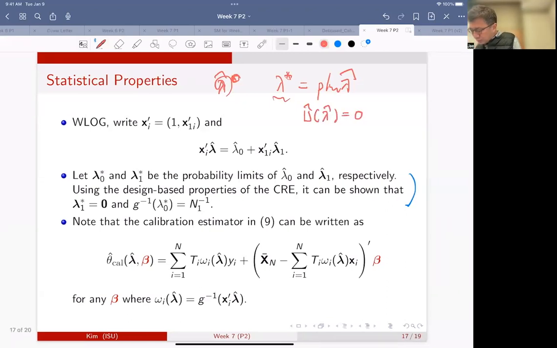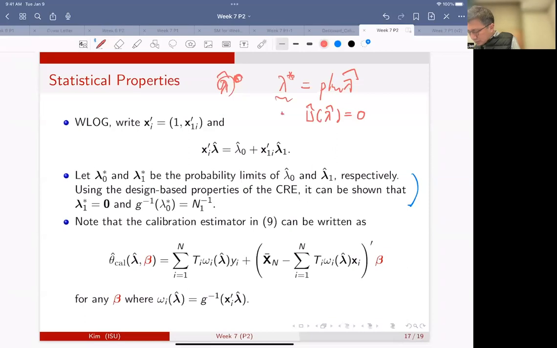We know this. So first step: lambda hat, by the definition of lambda hat, satisfies this equation. Second, what is this one? What do you mean by that?